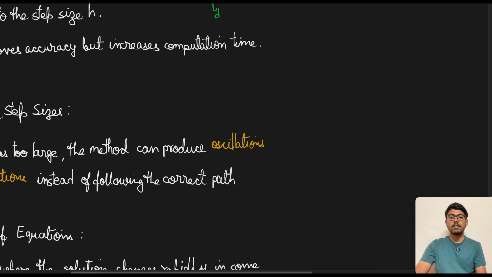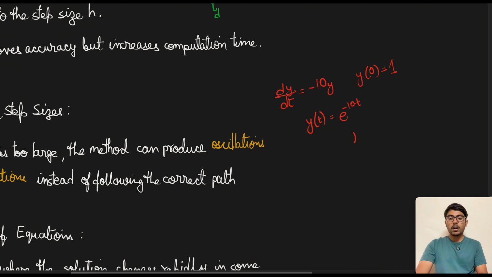So we'll consider a very basic example here, which is dy/dt equal to minus 10y and y(0), let's say, equals 1, right? So the analytical solution for this one is y(t) equals e raised to the power minus 10t, right? As we can see, it is going to decay smoothly towards 0 as t increases.